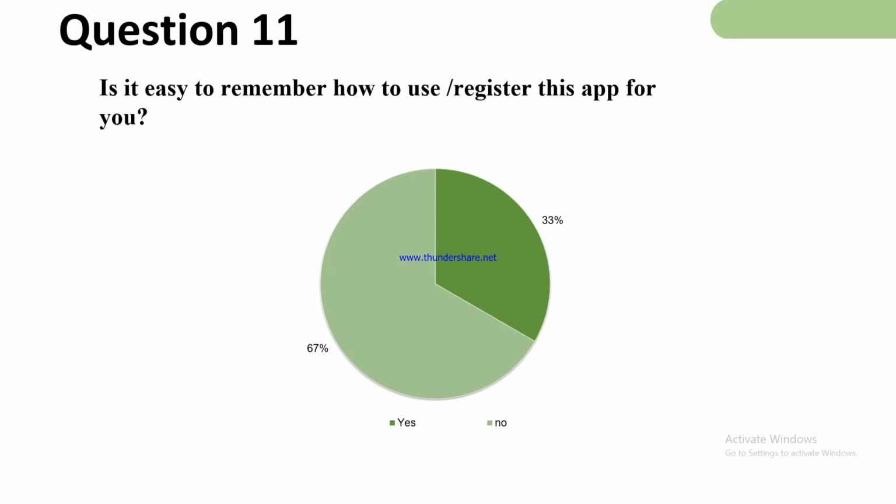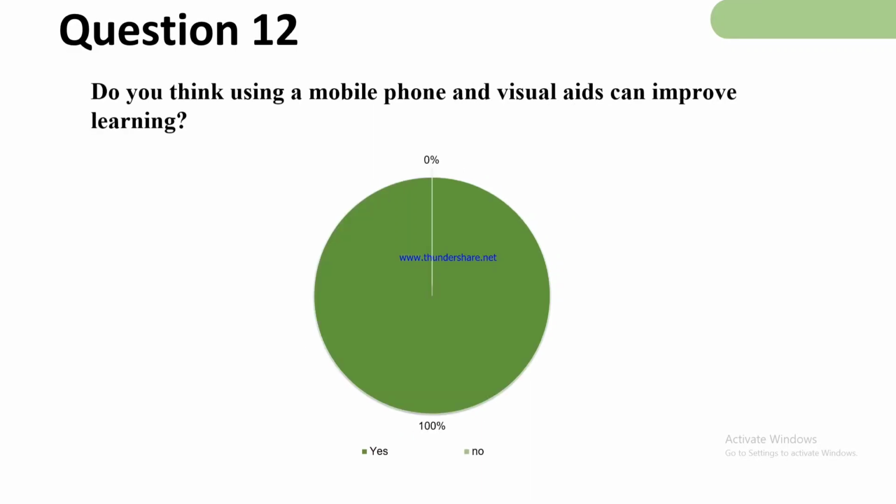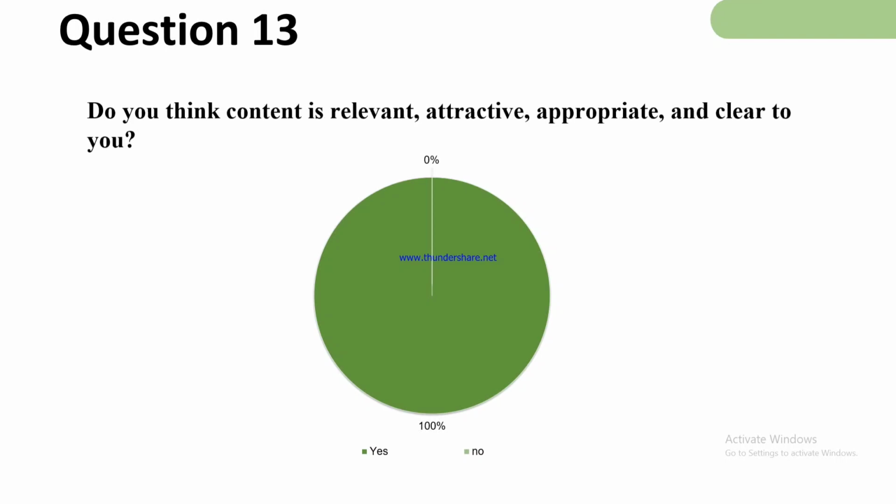Next, I asked them, do you think using a mobile phone or visual aids can improve learning? 100% of the participants in the interviews said that the mobile phone or visual aids improve a child's learning. Next, I asked the users, do you think the content is relevant, attractive, appropriate, and clear to you? I was talking about this application.